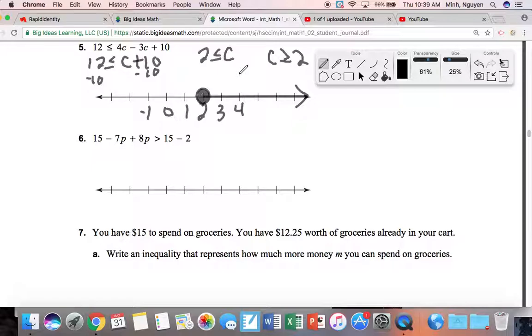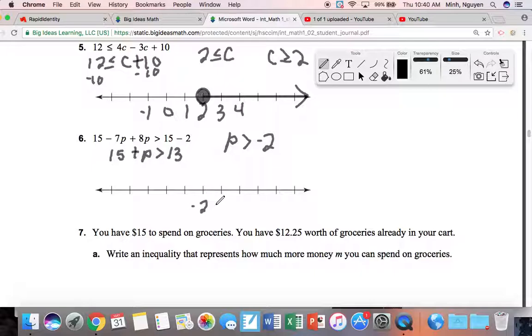15 minus 7p plus 8p, this becomes 15 plus p is greater than 15 minus 2, which is 13. I will go ahead and subtract 15 from both sides. I'm just going to verbalize it, I'm not going to write it to save time. You have to, though. Minus 15 on both sides. So p is greater than negative 2.